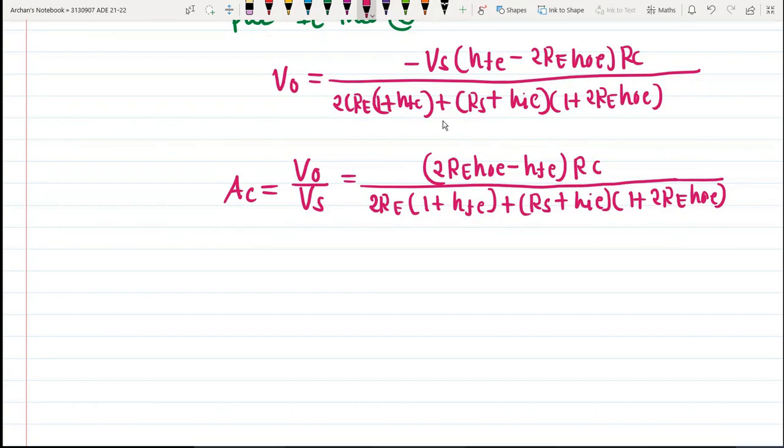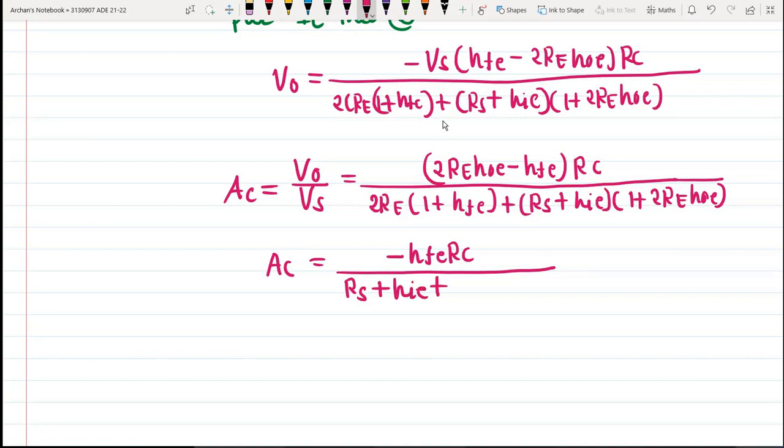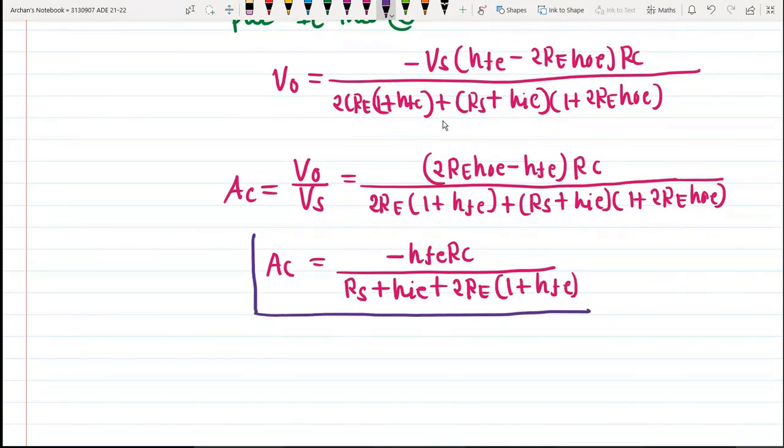So, if we neglect this parameter, then you can further reduce the value of common mode gain, and it is equal to minus HFE RC upon RS plus HIE plus 2 times RE into 1 plus HFE. Okay. So this is the desired equation. Okay. This equation pertains to the common mode gain of the differential amplifier.